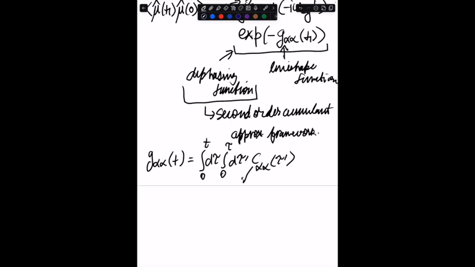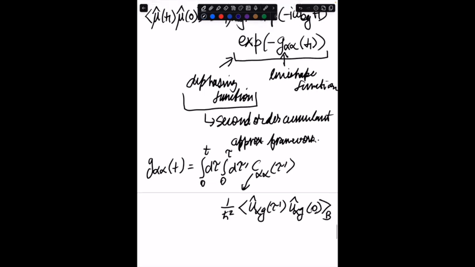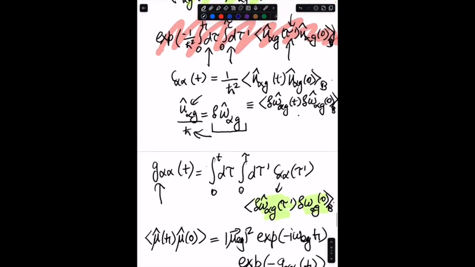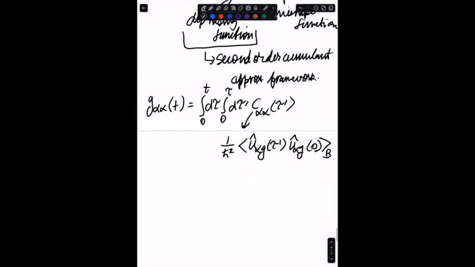And then this correlation function is 1 upon h bar square, delta, sorry, this one, u hat alpha g tau prime, u hat alpha g 0. Let's hope I haven't made any mistake anywhere with the 1 upon h bars. No, I haven't.